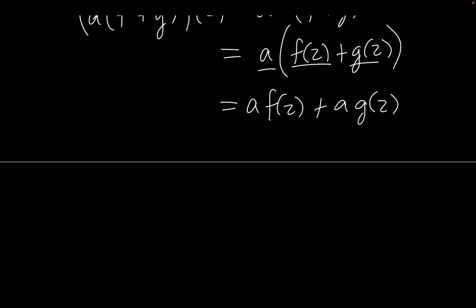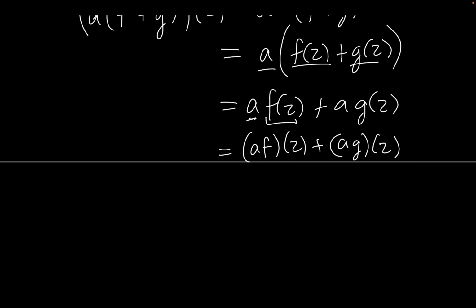And now we know the definition of scalar multiplication that we defined for this vector space. We can write this as the function af of z plus the function ag of z. Notice earlier this was the scalar a times the scalar f of z. Now it's the function af applied on z. So earlier it was the scalar a multiplied by the output of the function f on z.